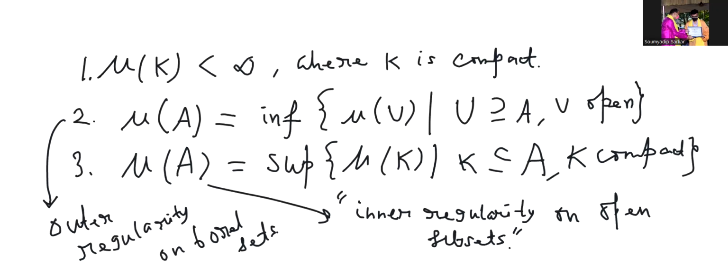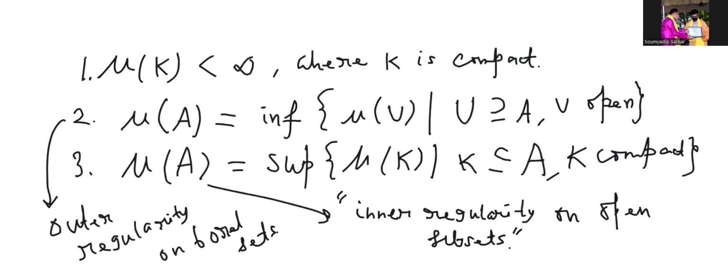And so how do you make those two things compatible? By using these 3 conditions. The measure should be finite on compact sets. We can approximate the measure of any Borel set from outside using open sets.